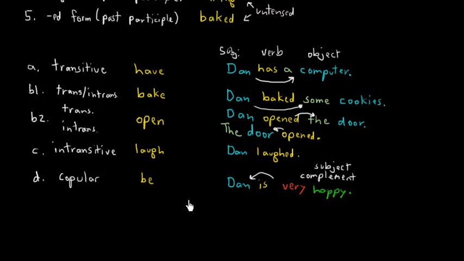One term you'll often see, because in one sense we're linking the concept of happy with Dan, or vice versa, is that these are sometimes called linking verbs. So, with that, I think we will stop here and come back in the next video and talk about the 12 grammatical verbs.